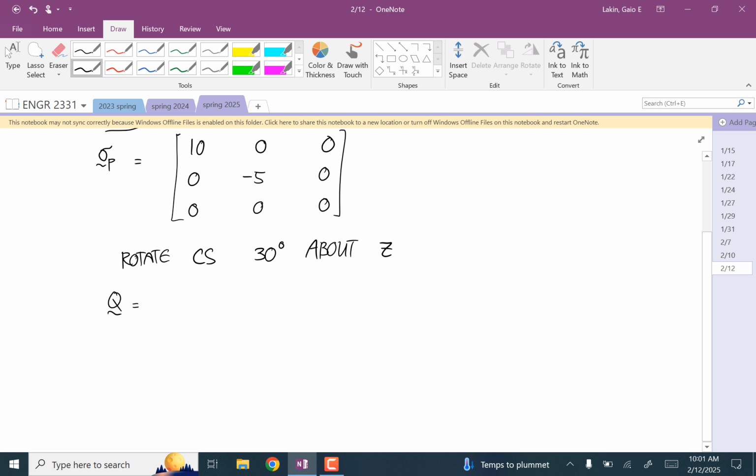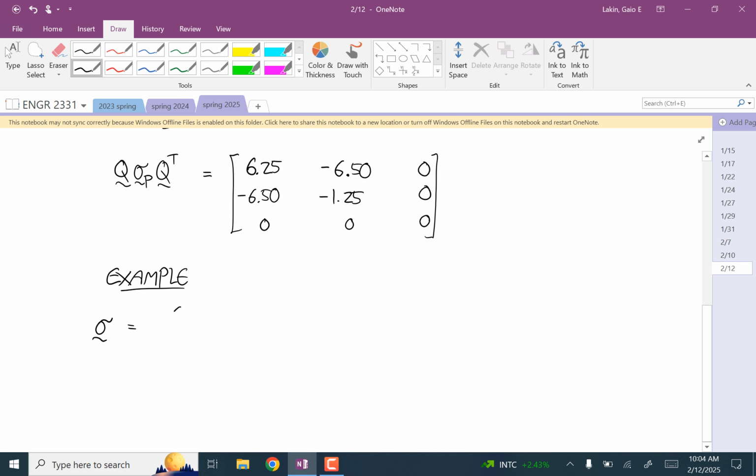So our rotation matrix is going to be cosine of 30, sine of 30, 0, negative sine of 30, cosine of 30, 0, 0, 0, 1. The rotated stress tensor is 6.25, negative 6.5, 0, negative 6.5, negative 1.25, 0, 0, 0, 0.